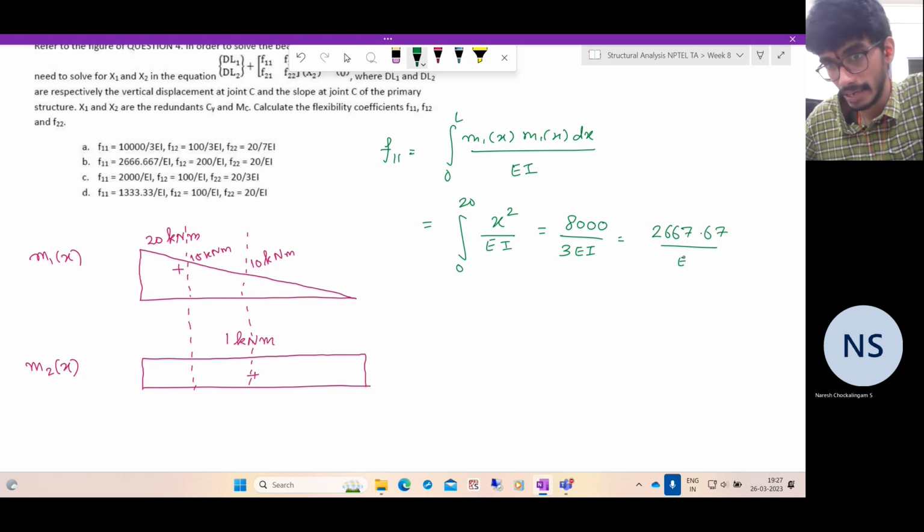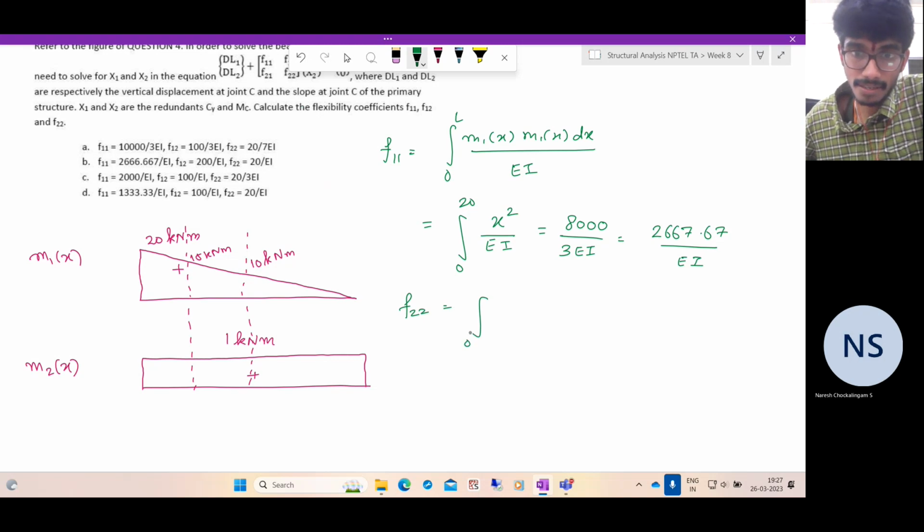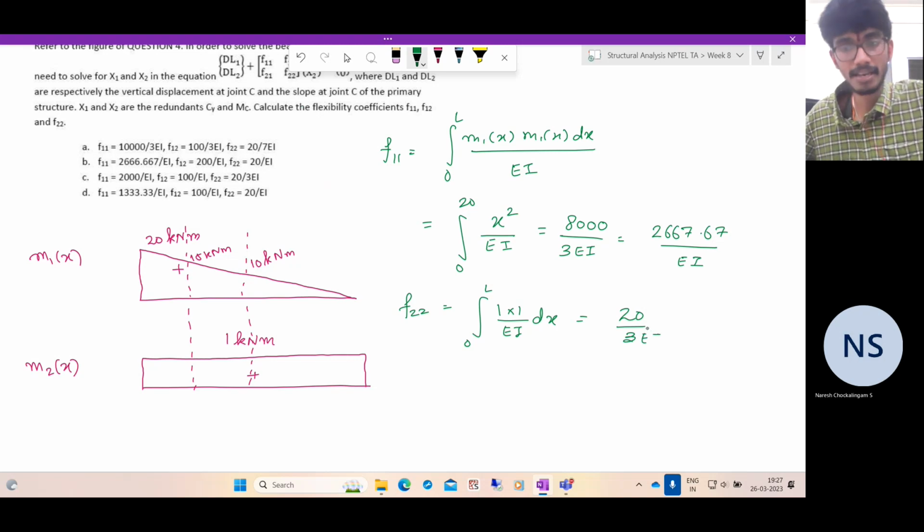It's nothing but 2666.67 by EI. What is f22? That is even simpler: the integral 0 to L of m2 of x, which is 1, into 1 by EI dx. It is L by EI, and L is 20, so it's 20 by EI.